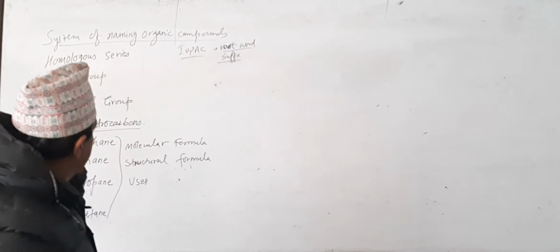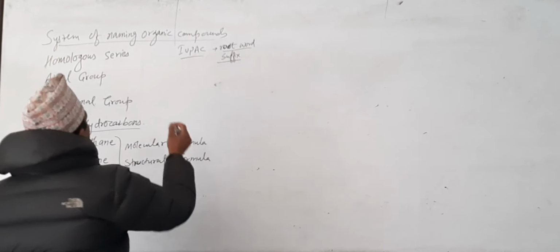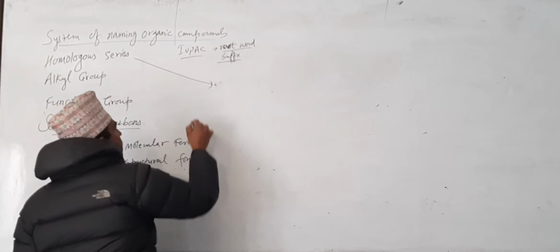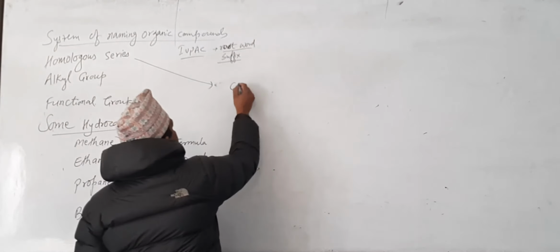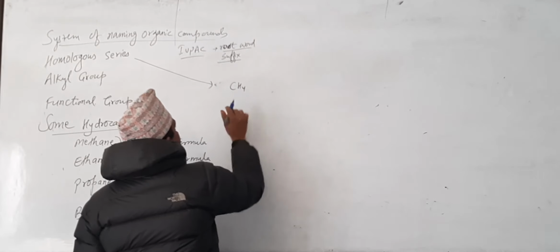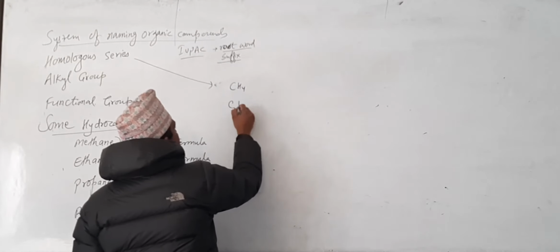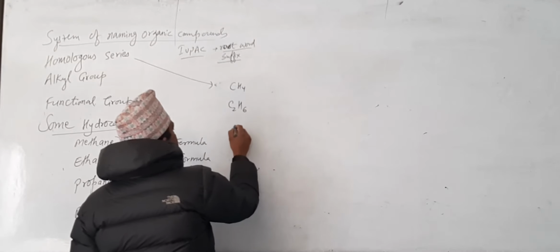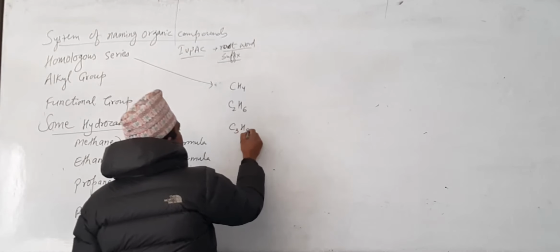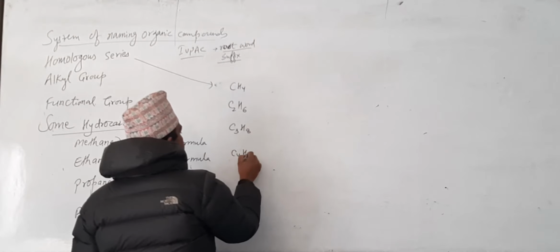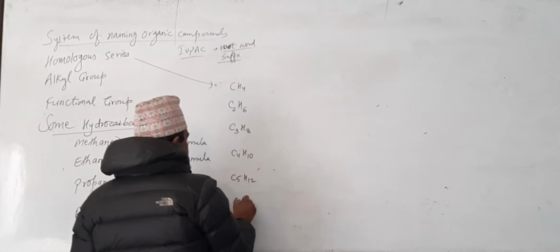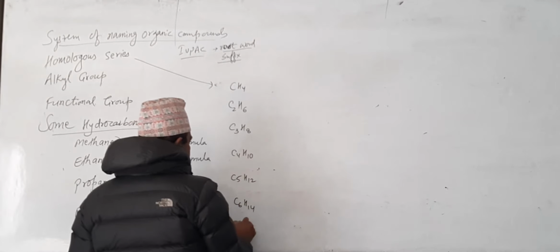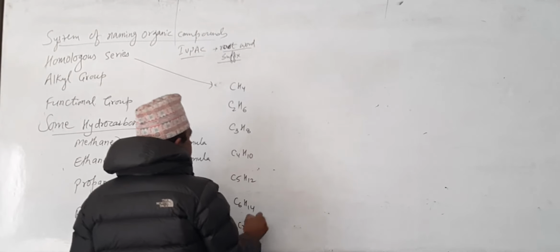Okay students, now let's discuss homologous series. Let me write here some compounds. CH4 methane, C2H6, C3H8, C4H10, C5H12, C6H14, C7H16.